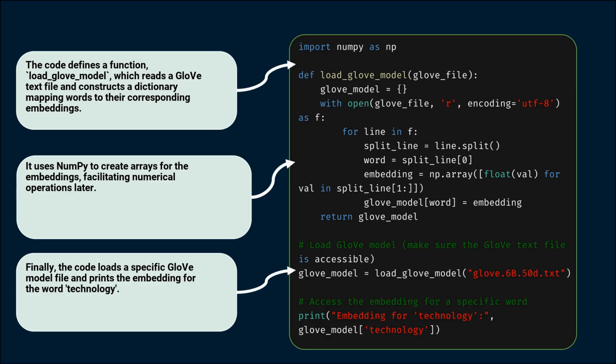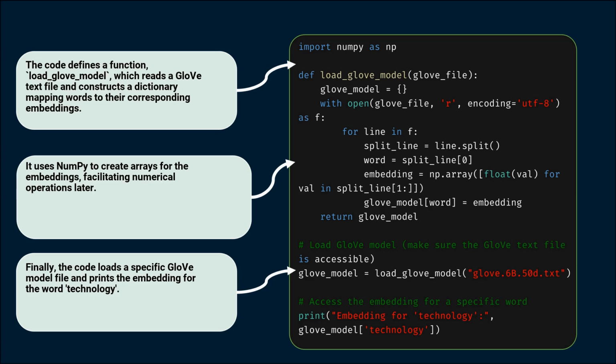So this is pretty clever. It takes that first element as the word and then transforms the remaining space-separated strings into a NumPy array of floats. By doing this, we're effectively storing each word alongside its vector in the dictionary, creating a neat little structure that allows for quick access to those embeddings.